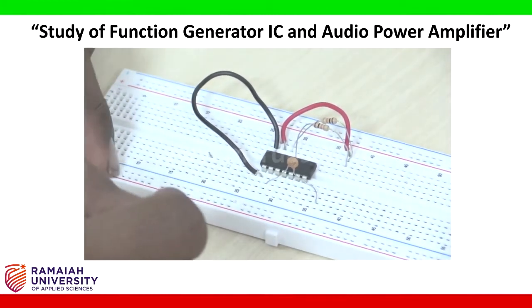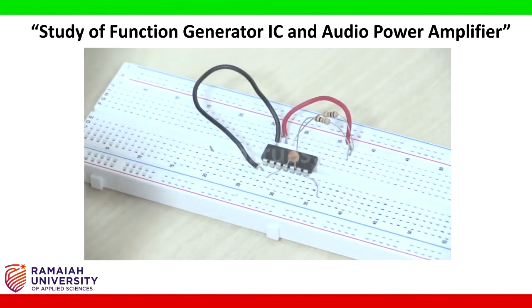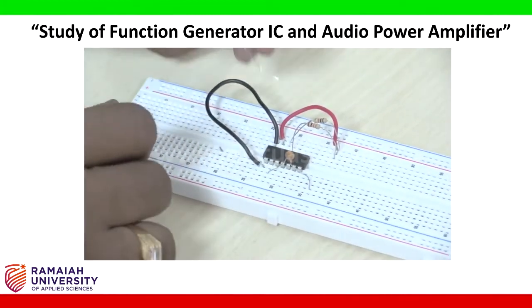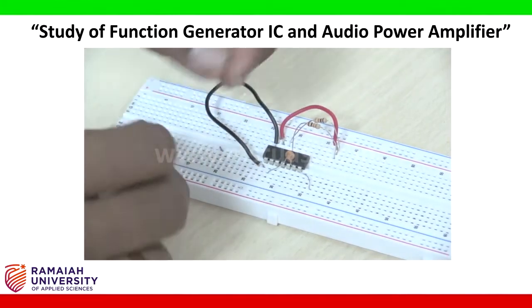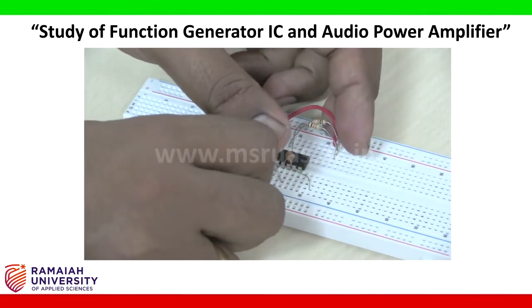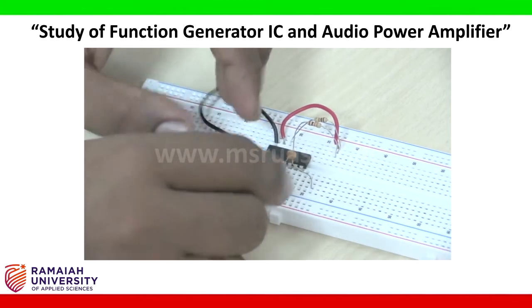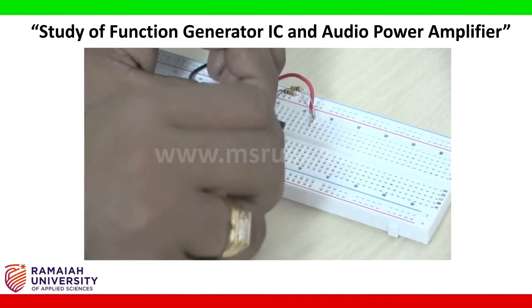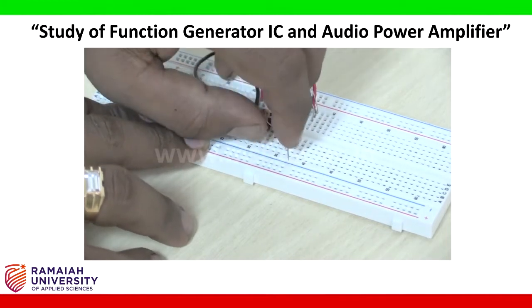Next pin number 12 will be connected to the 82 kilo ohm resistor. Pin number 8, 9, 10, 11, 12 that will be connected to the other point that is commonly connected with a capacitor.